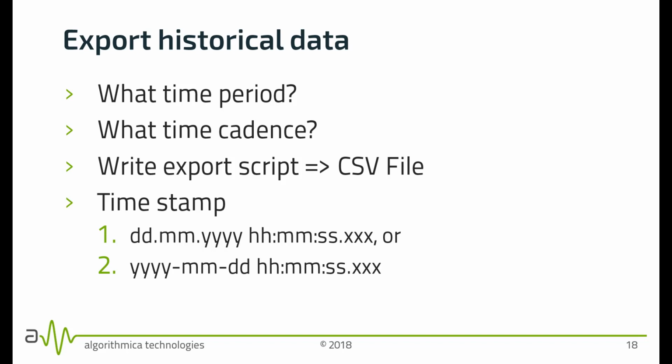The second question to decide is what time cadence to choose for the dataset. That means, do we take a new point every minute, every 5 minutes, every hour, or every second? That question is usually determined by the physics underlying the process. So it's an engineering question. What is the time scale of the process that we're looking at?